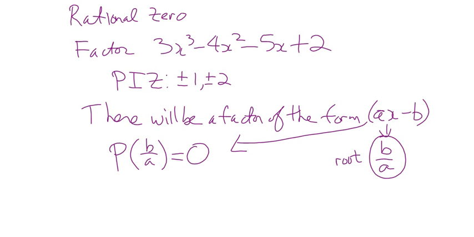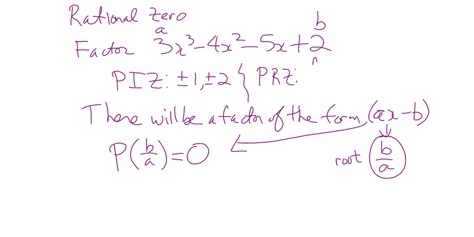In this case, a is our leading coefficient, and b is our constant term. And the factors are therefore of the form plus or minus b over a. Now you get to use b over a because now we know what a and b are, as opposed to just saying, hey, it's b over a, but with no context, right? Now we have context. So, given there's a factor of this form, these are the possible rational zeros.